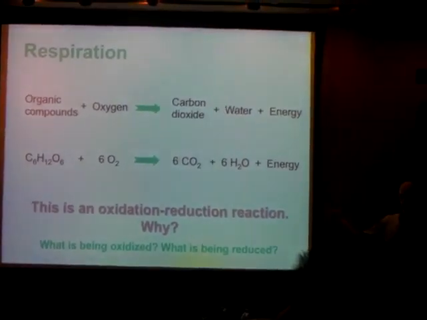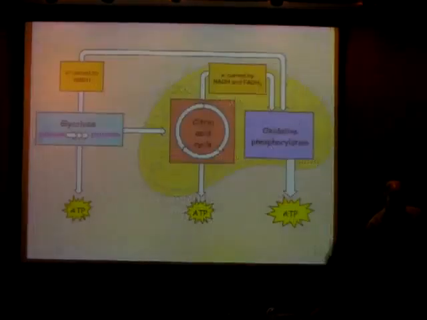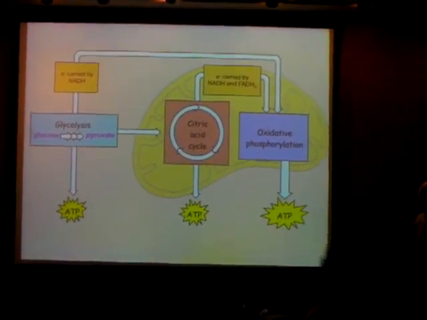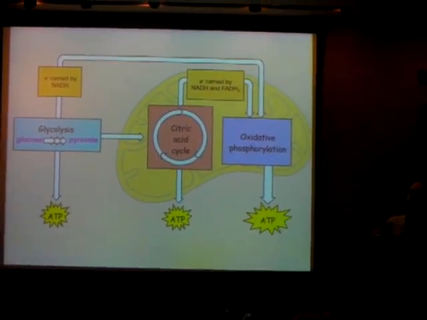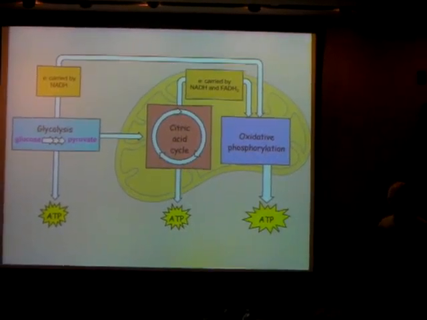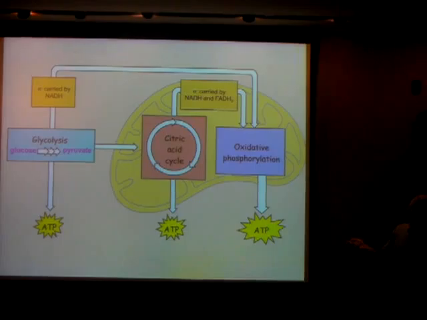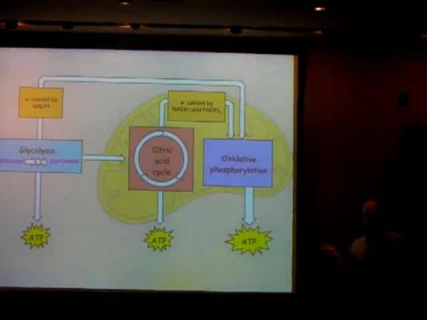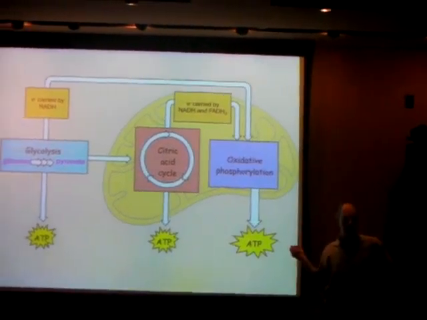And then the glucose is going to be oxidized. So there are a lot of oxidation reduction steps occurring in respiration. That's why that introduction. And so one of the things we would be interested in, if they're oxidation reduction reactions, is where do all of the electrons go? What happens to them?